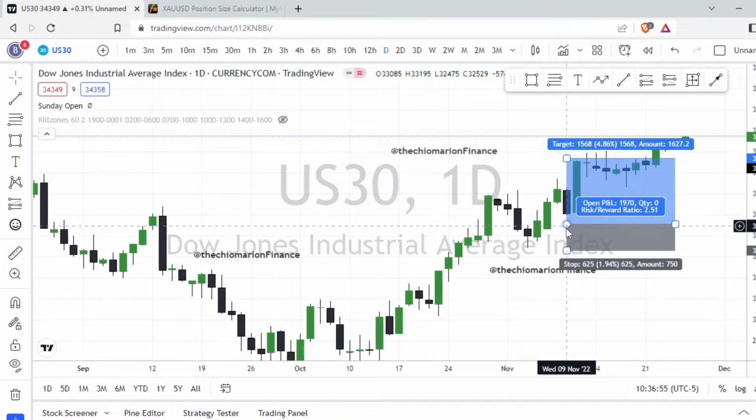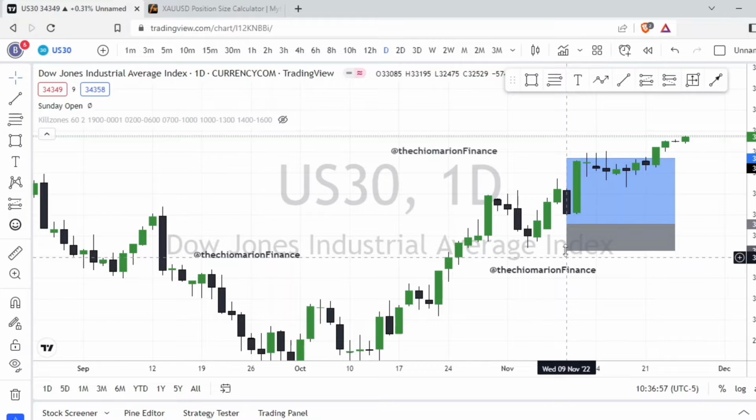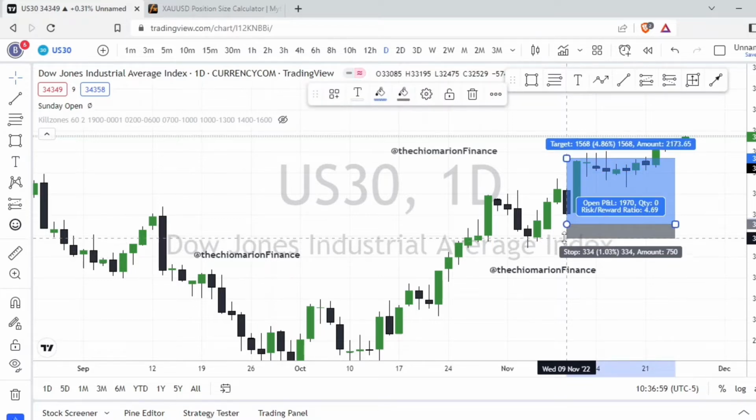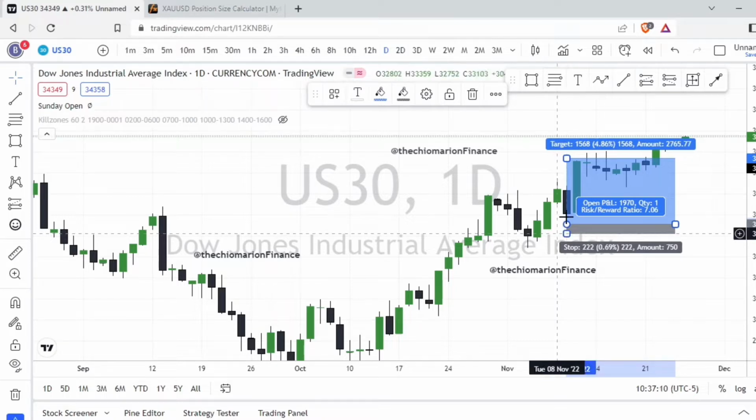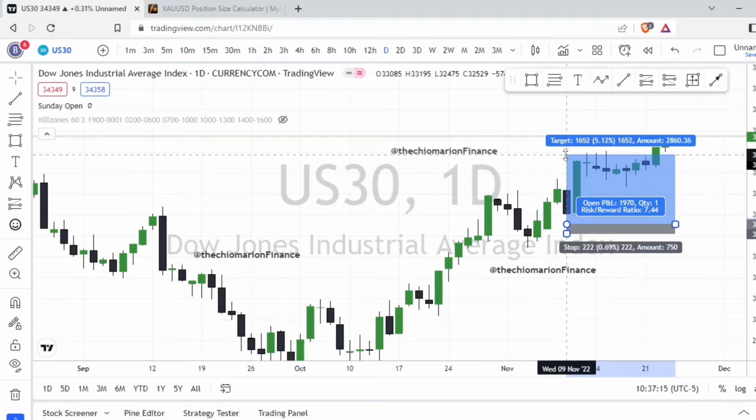Let's say your stop loss is somewhere around 100 points. That means you're willing to lose $100, and you'll be making 1,630 or thereabout dollars in profit.